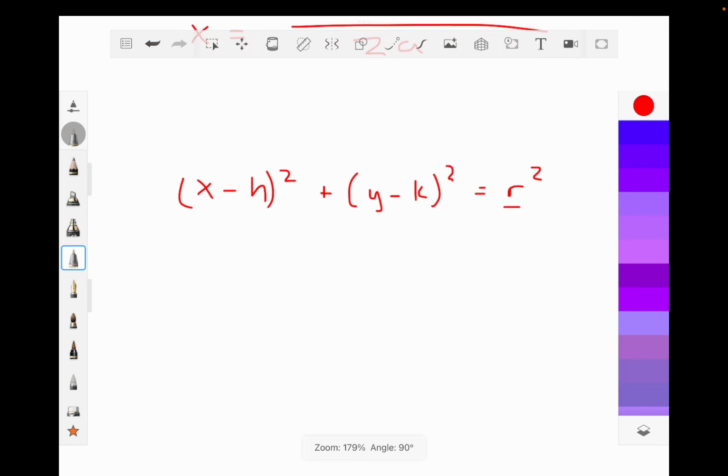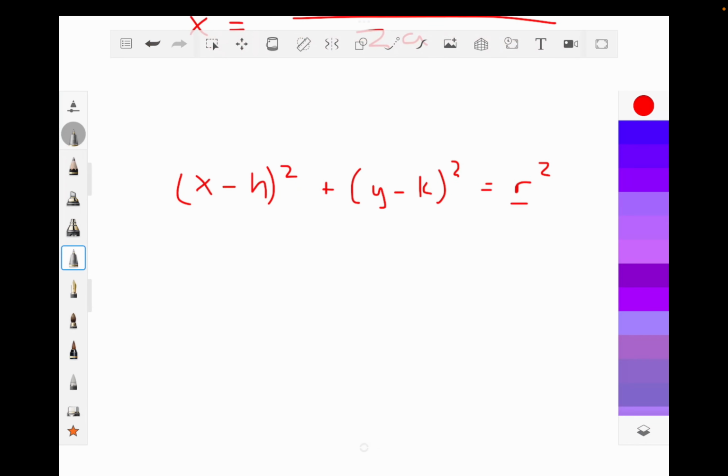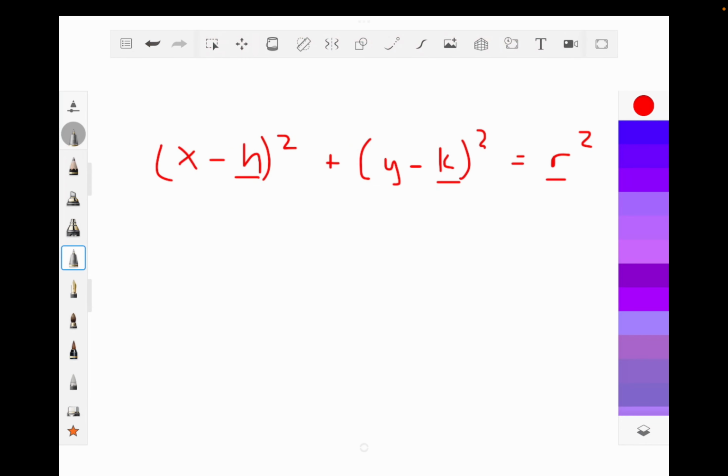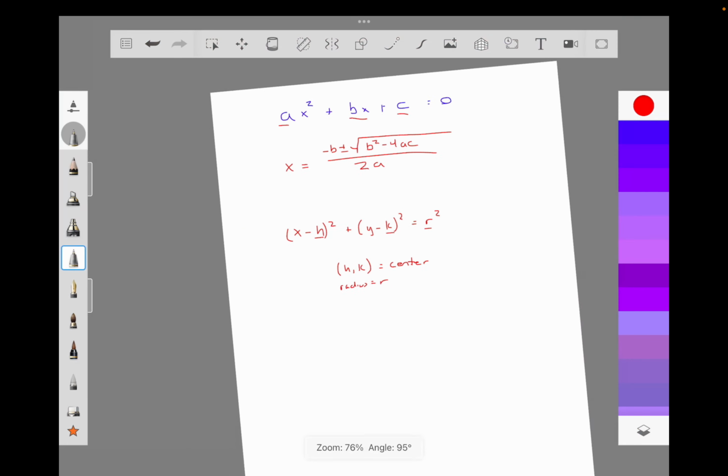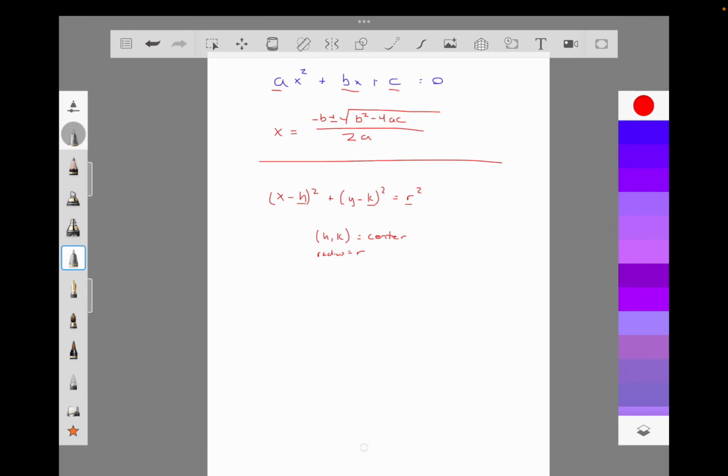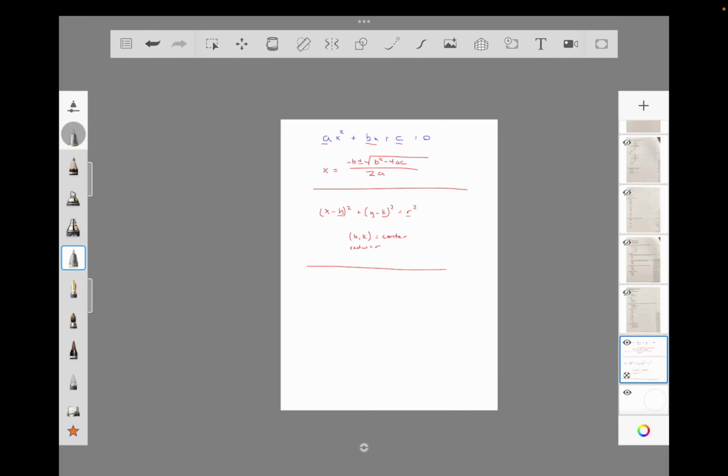The center point of the circle in the x coordinate is going to be h, and the y coordinate is going to be k. I don't know if we need any more, so I guess we could update this as we go on.